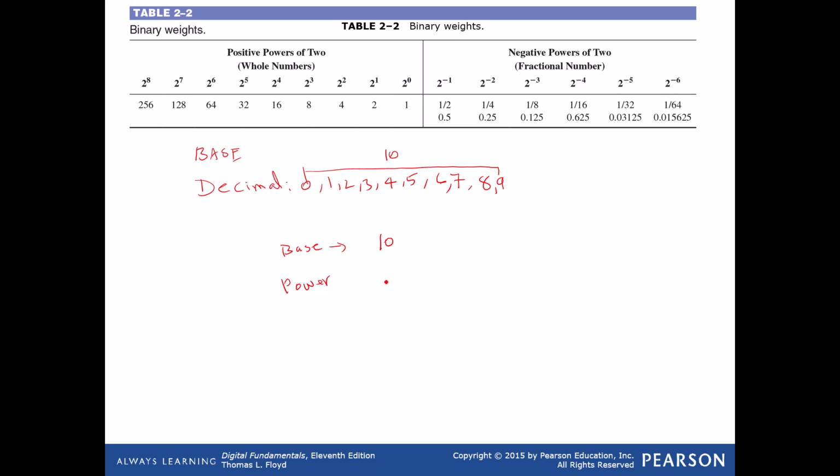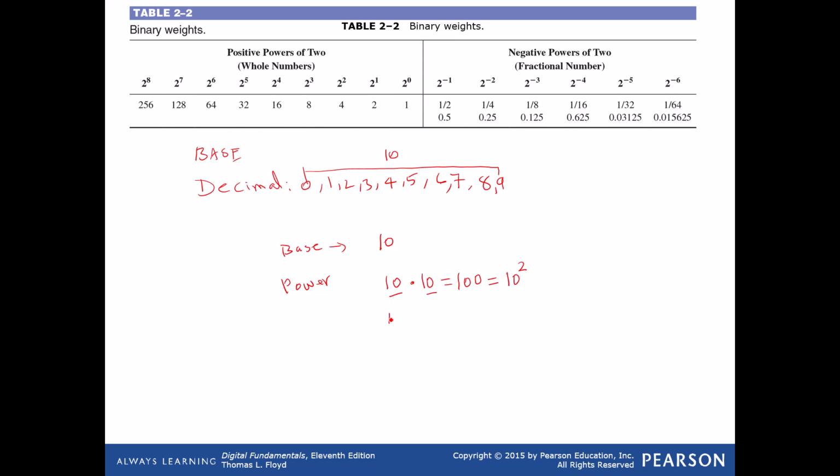For example, if I take the base 10 and multiply it by itself one more time, I'm going to use the dot here to indicate multiplication: 10 times 10. Instead of writing 100, I'm going to write 10 and then how many times this base is repeated. It is repeated two times, so we say the power is 2.